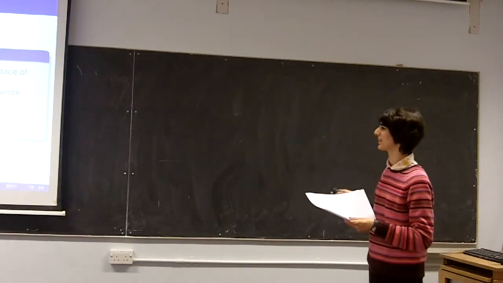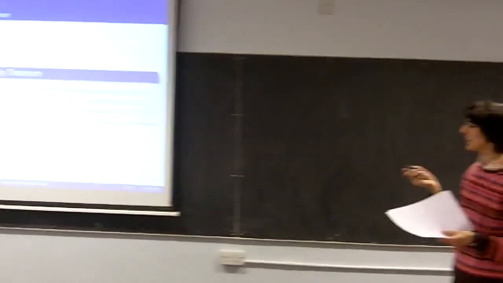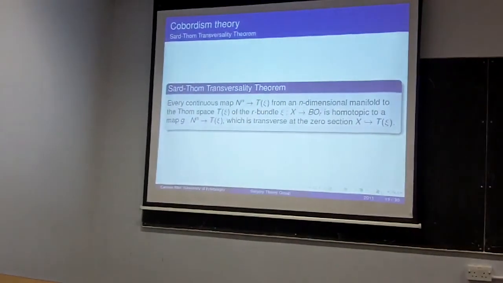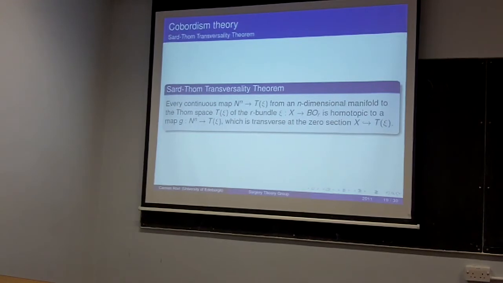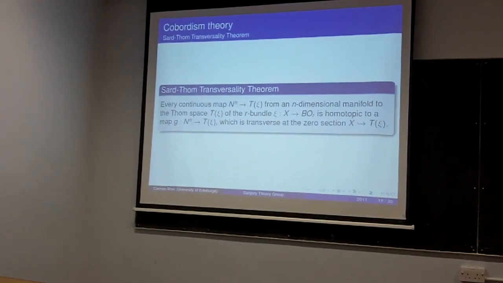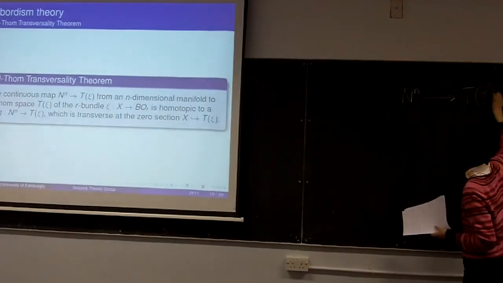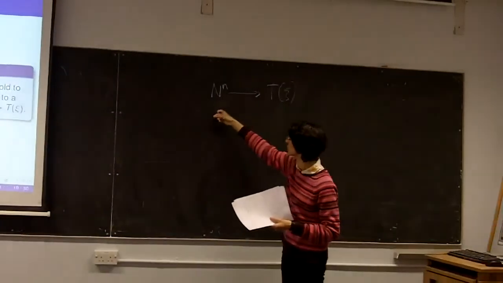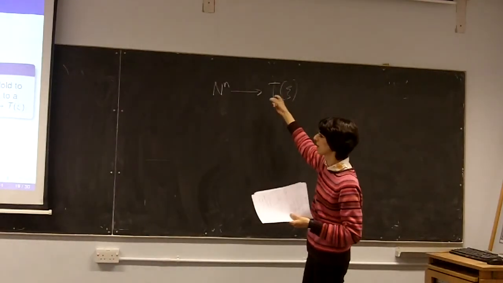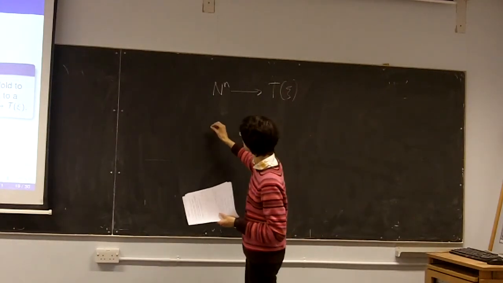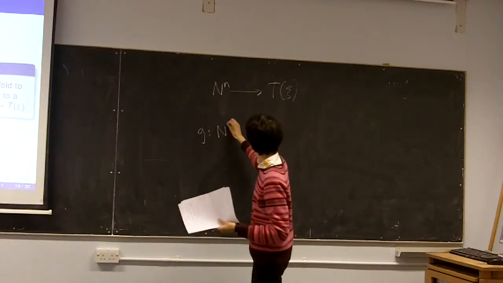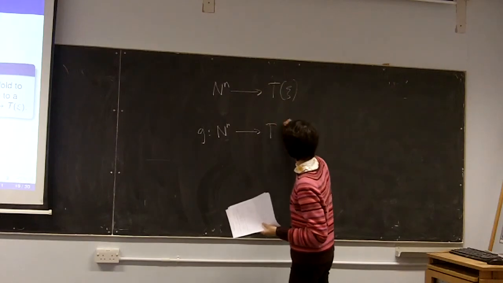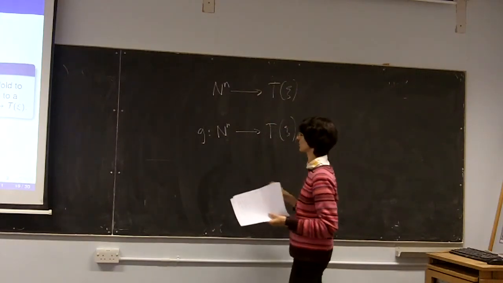Now, another of the vital ingredients in the proof is the Thom transversality theorem. Again, I am quoting the theorem just as we have it in the book. What the theorem is saying is that if we have any map that we can imagine from an n-dimensional manifold to the Thom space, then we can make it homotopic to our map G from the previous slide that we already said was transverse.